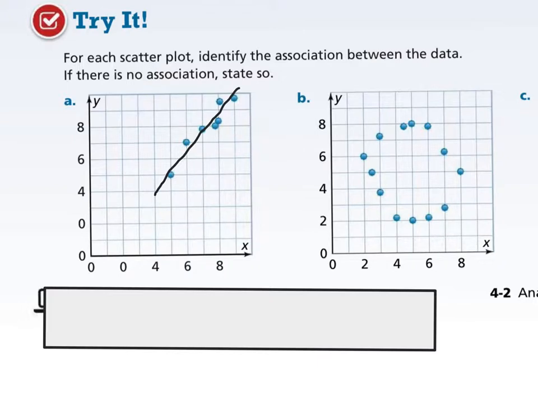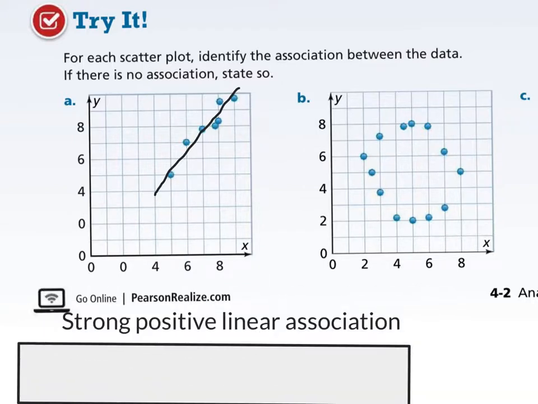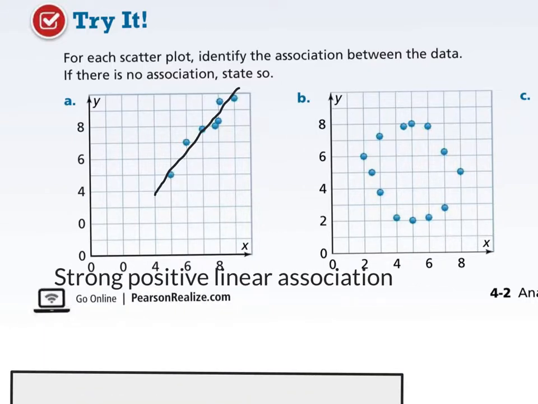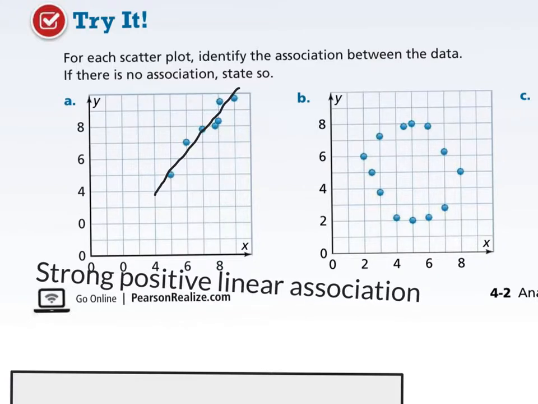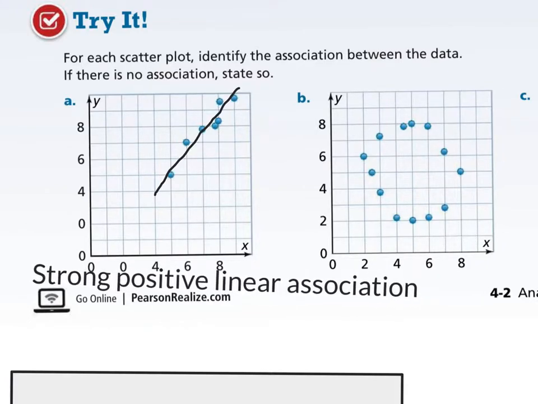And it looks like this line would have a positive slope. The points are all pretty close to that line. So for this one, we could say that's a strong positive linear association.